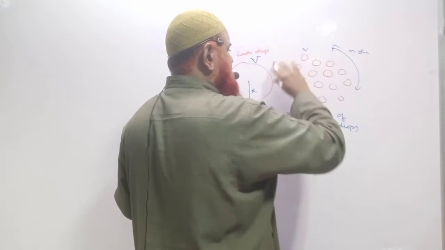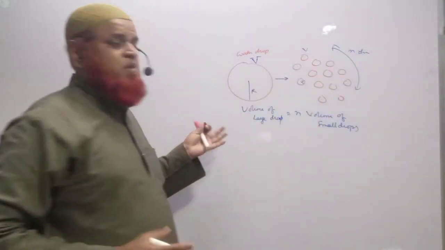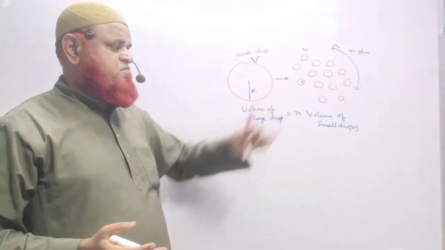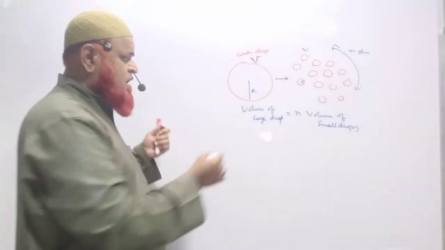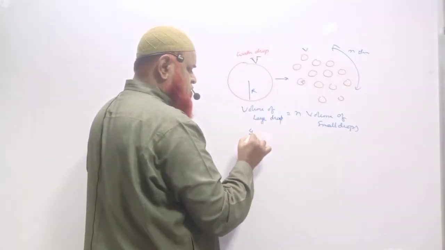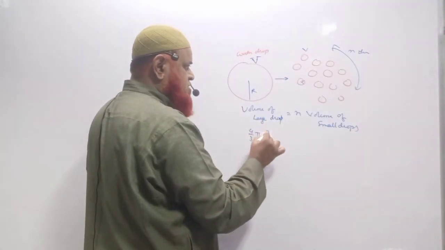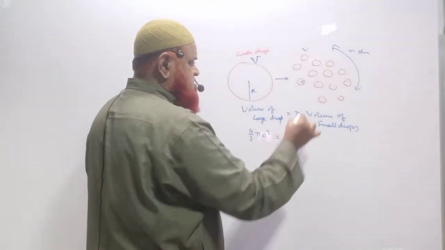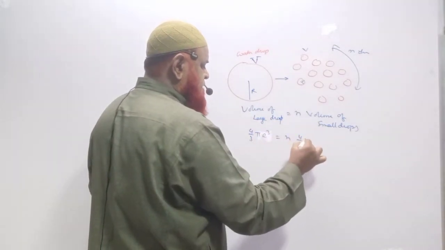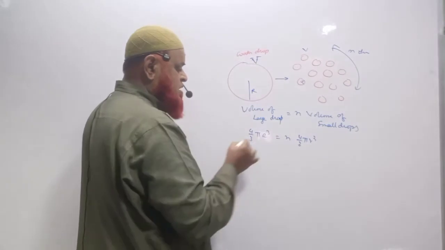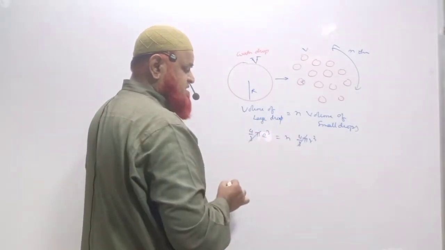For example, n number of drops have been converted from a larger drop having radius capital R, this is smaller. Then what is the volume of the larger drop? 4 by 3 pi capital R cube. And n times the smaller drop is 4 by 3 pi small r cube here. So 4 by 3 pi gets cancelled here.